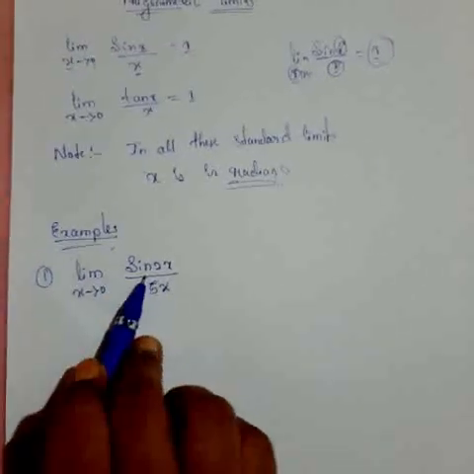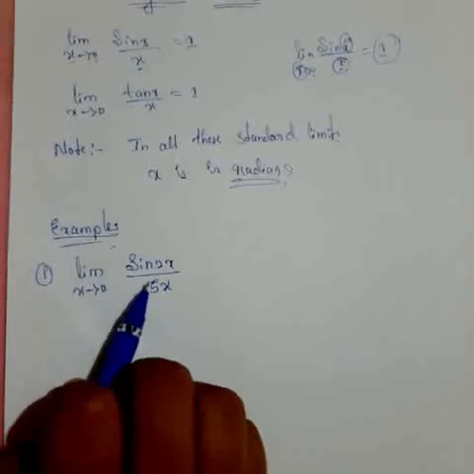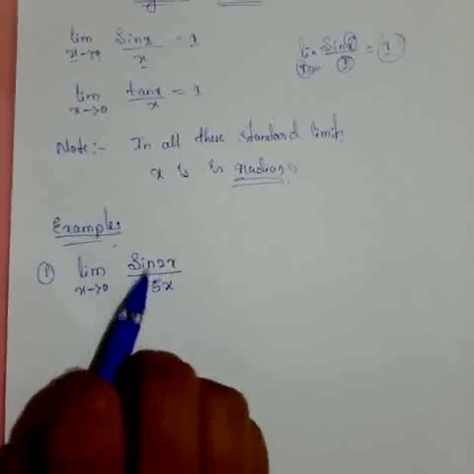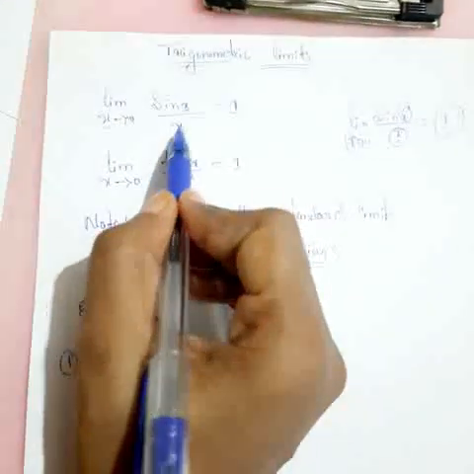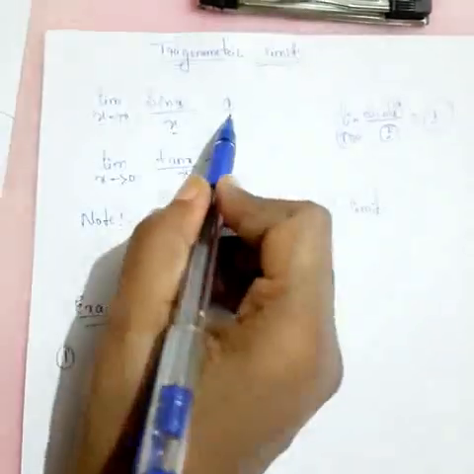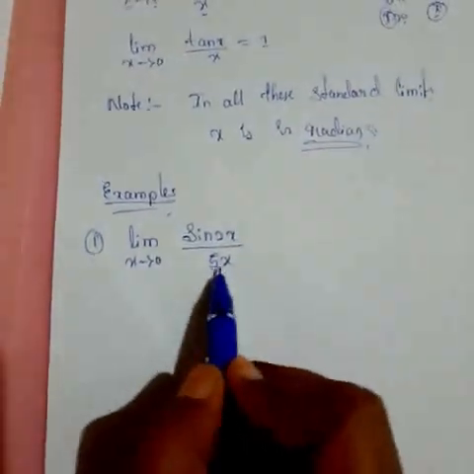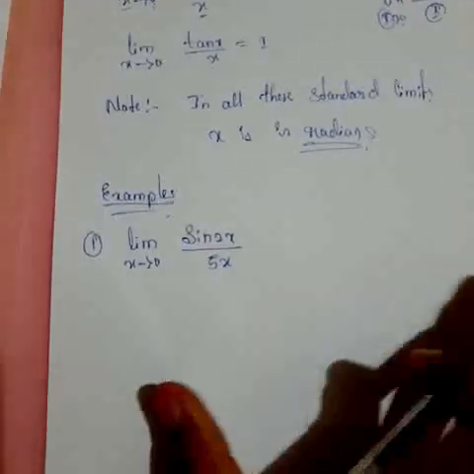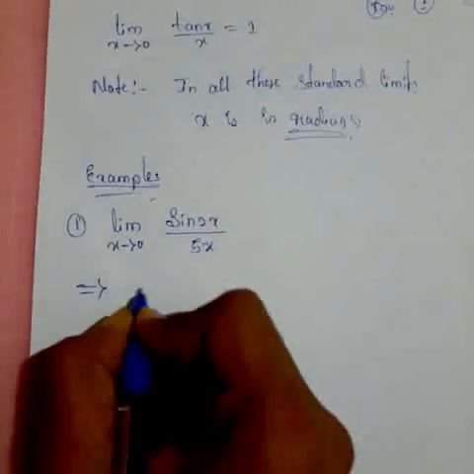It is a trigonometric function. If these two terms are the same and tend to 0, then the value is 1. But here it is different: 2x is there, and 5x is there. So what are we going to do now?